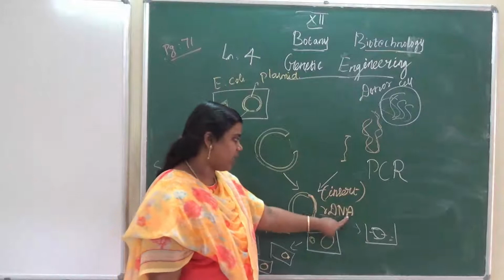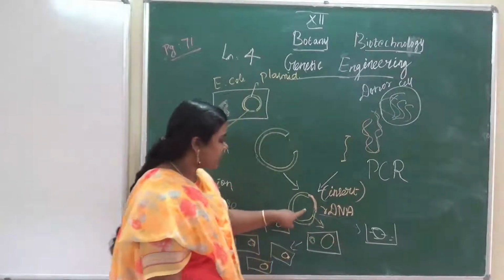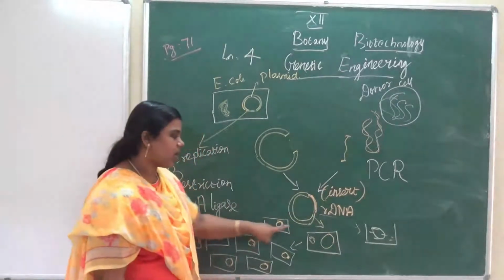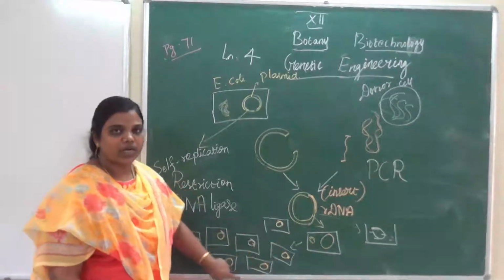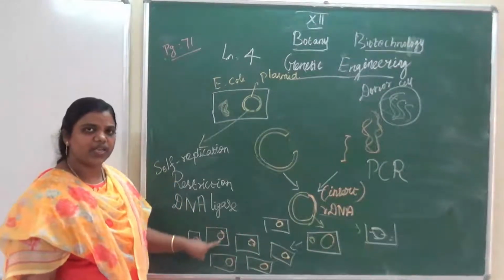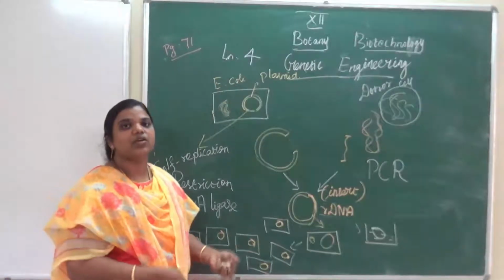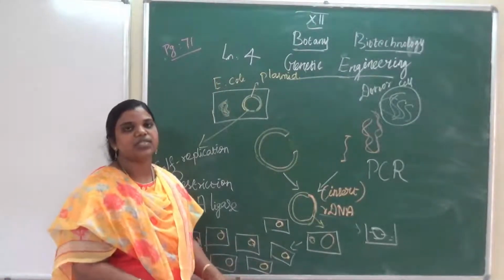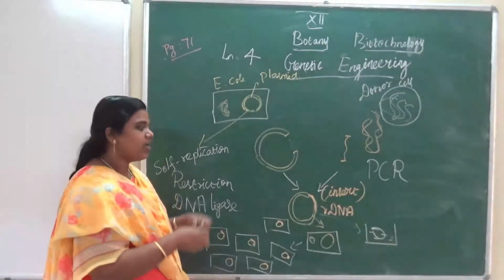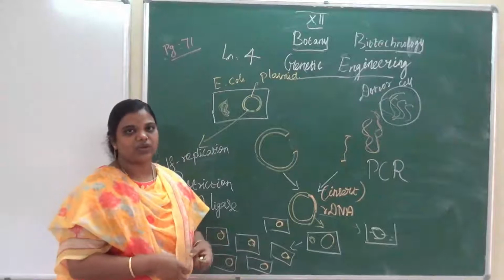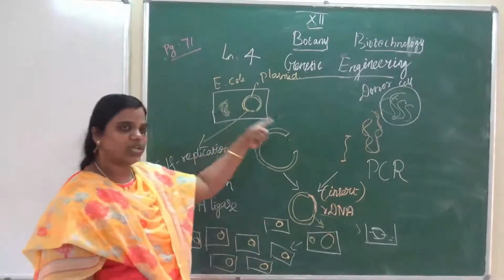This is known as the insert or recombinant DNA, and then it is injected into the bacteria. The bacteria multiply, having multiple copies of the DNA. Next you inject it into another plant or host cell organism, and you get the interesting character of the gene. This is known as genetic engineering.